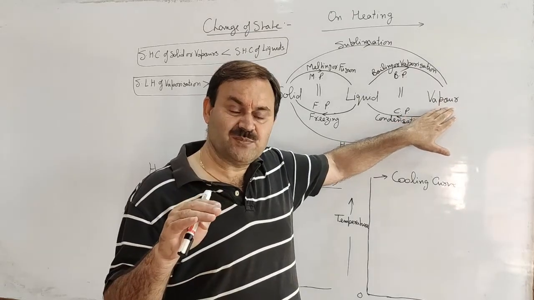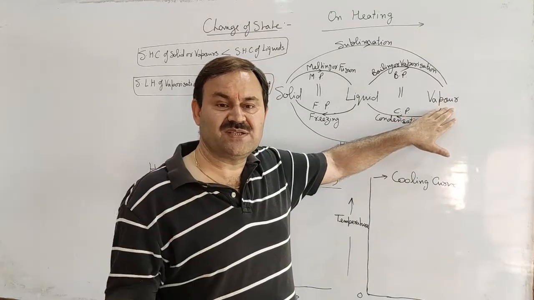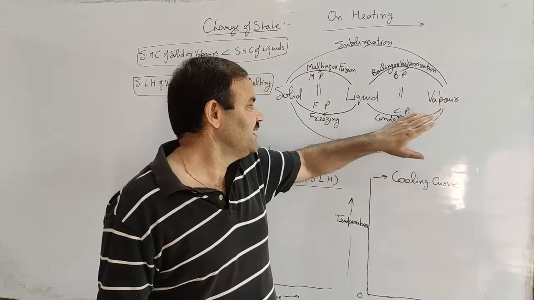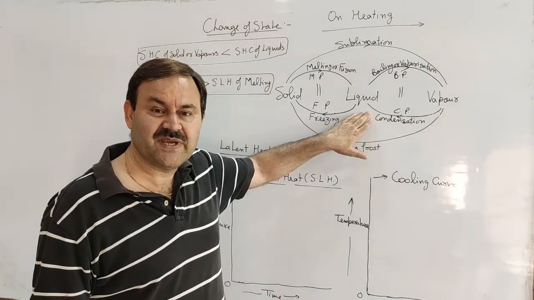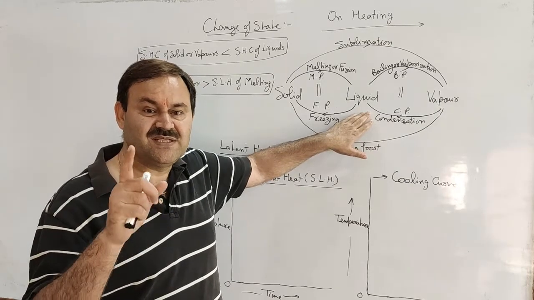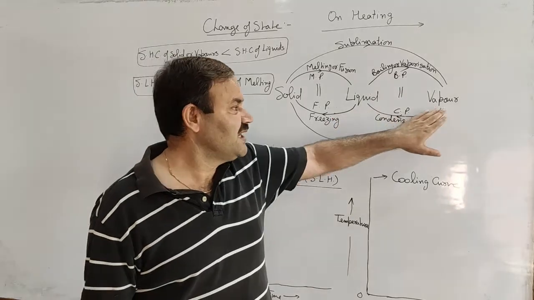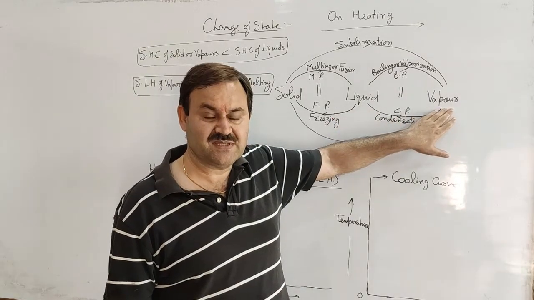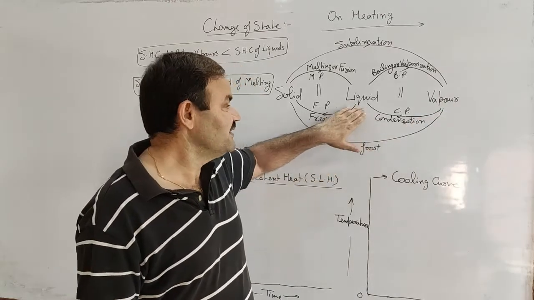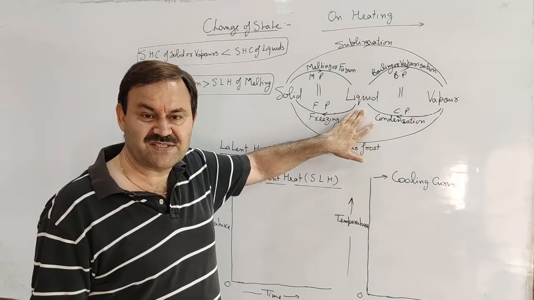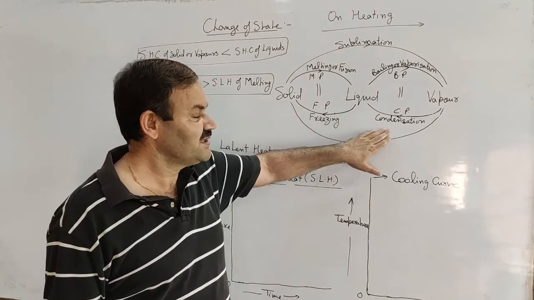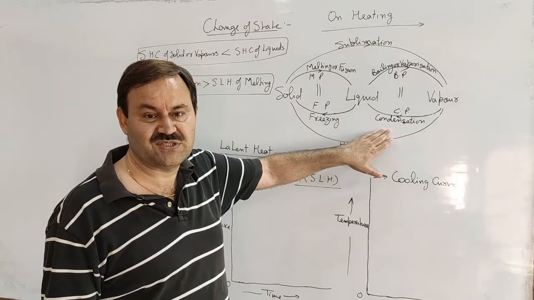Now at condensation point, the average kinetic energy of molecules in vapor state will be minimum, while average kinetic energy of molecules in liquid state will be maximum. It means that will be the maximum temperature for liquid state while minimum temperature for vapor state, and the constant temperature at which vapors will change into their liquid state by continuous evolution of heat will be called condensation or liquefaction point.